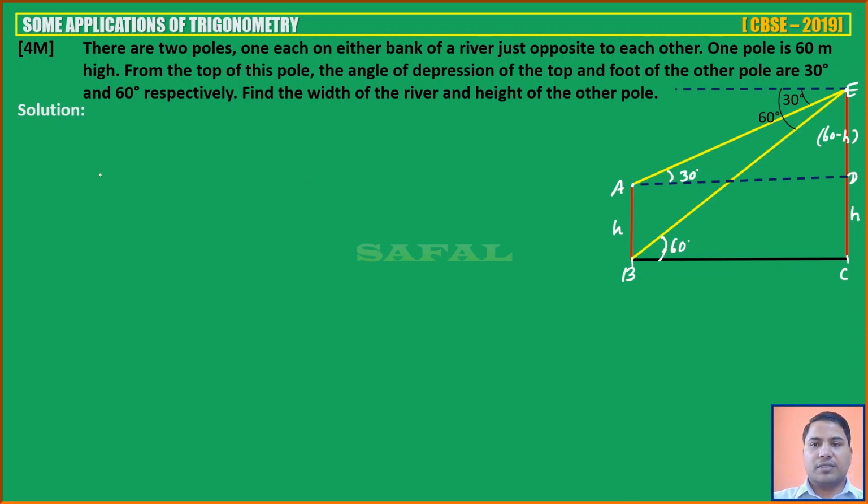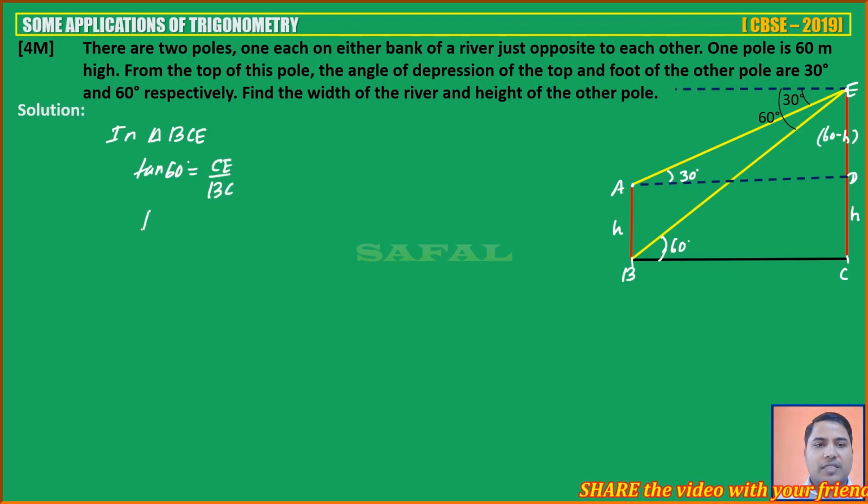Now we can write the things. First I am taking triangle BCE. I can write tan 60 degrees equals CE by BC. Tan 60 is root 3, CE the height of the pole is 60, BC we don't know.